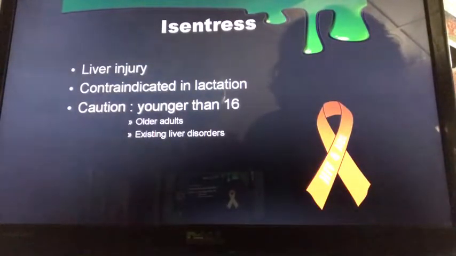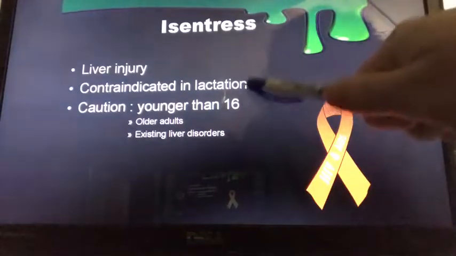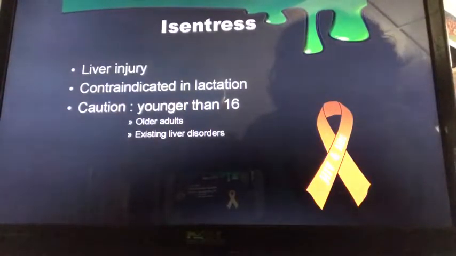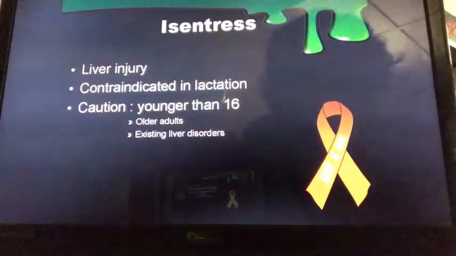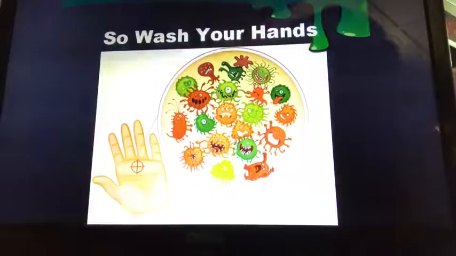Inestrus can cause liver injury. It's contraindicated in lactation, as many of these are, and it's caution in kids that are younger than 16. It's also cautious in older adults and people with existing liver disorders.